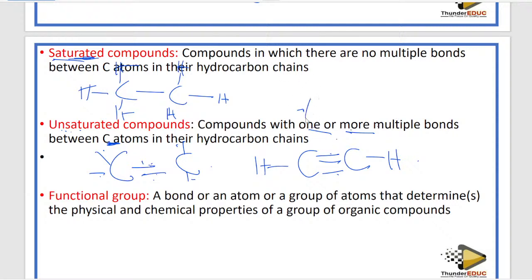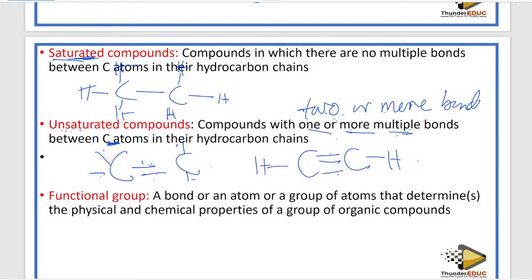It has two or more bonds between carbon atoms. Don't say multiple; say two or more bonds between, not two or more multiple bonds, because the word multiple means many.